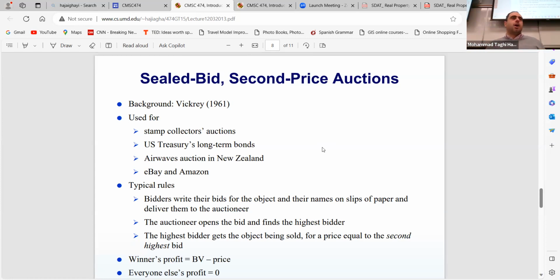The highest bidder gets the object being sold for a price equal to the second highest bid. And the winner's profit would be the bidder's valuation minus the price. Everyone else's profit would be zero.